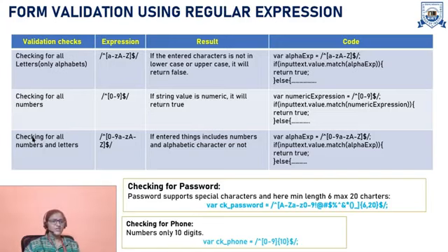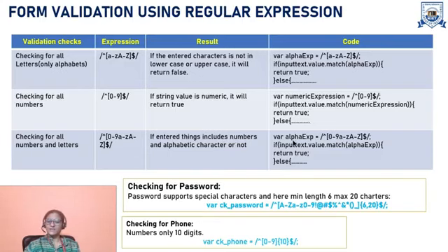Now, checking for all numbers and letters, meaning whatever you are entering, it must be alphanumeric. So starting 0 to 9, small a to z, capital A to Z, not other than that, meaning no other special characters are allowed. If the entered thing includes numbers and alphabetic characters, fine, otherwise it will not accept.